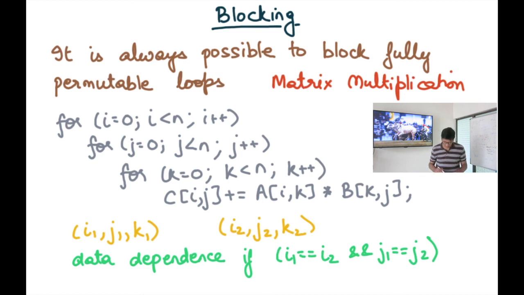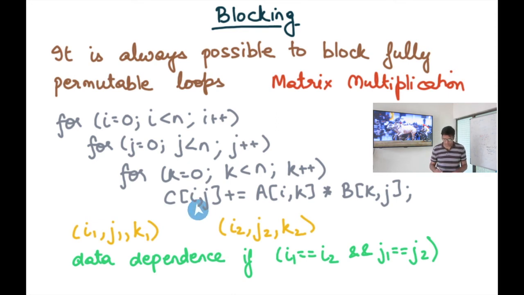This can be seen because, let's take any two iteration points, let's say (i1, j1, k1) and (i2, j2, k2). Now if (i1, j1) is not equal to (i2, j2), which means either i or j are different, then the two points are data independent anyway because they're only writing to different locations. And so they don't have any data dependence.